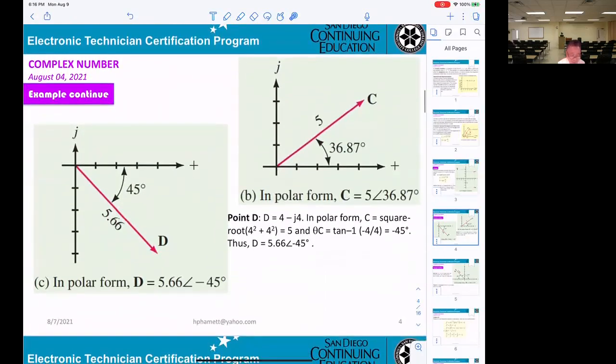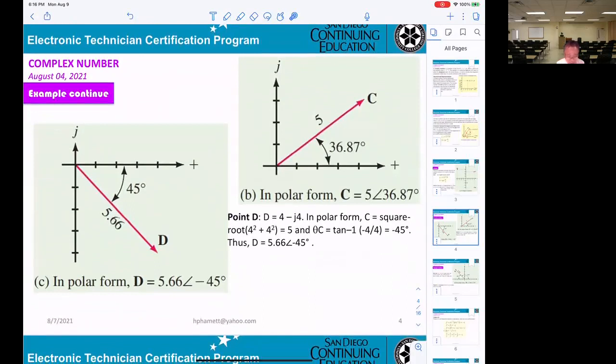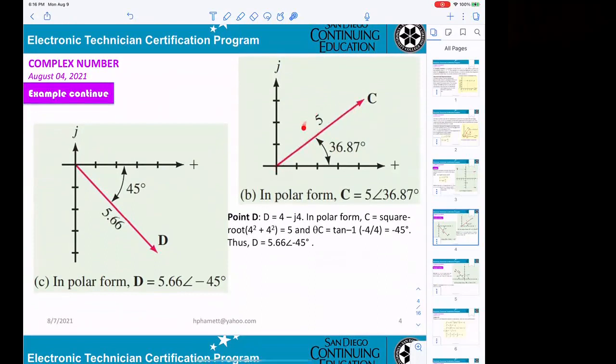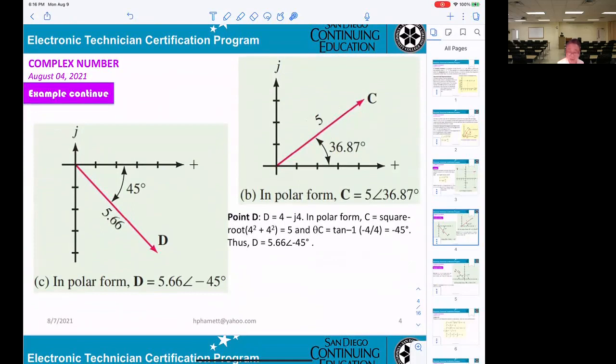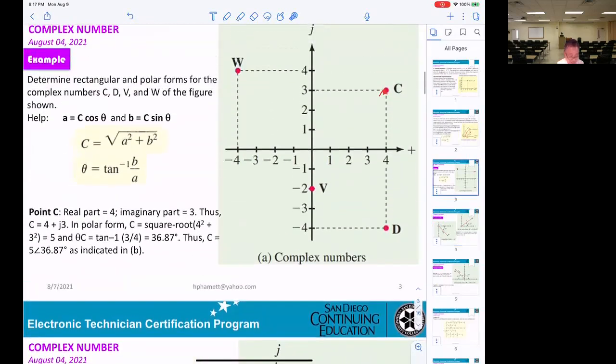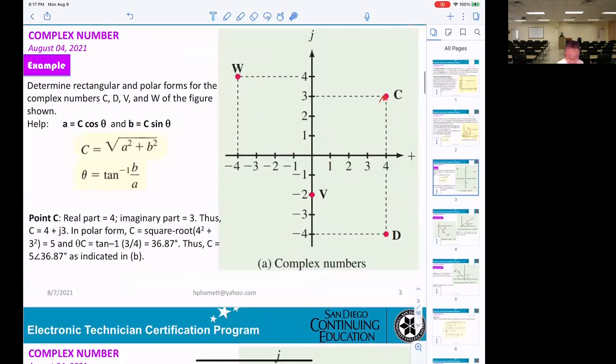Now, on that one, in the polar, you can see right here angle 36, magnitude 5, okay? And now they calculate the point D. Point D right here.